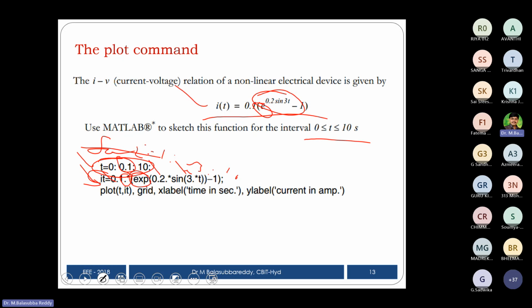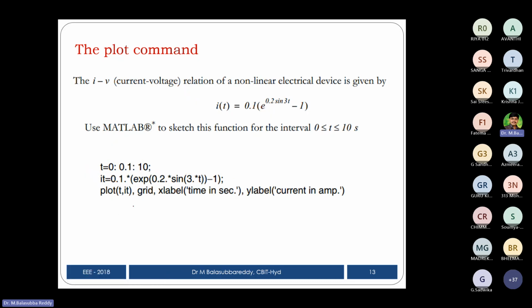Now we calculated i of t as well. Once you know i of t as well as t, I want to plot. Now directly if I give plot t comma i of t, we will get the plot. But now other parameters, grid, is given. What is the meaning? As I told in the previous slide, grid on means lines will be displayed.